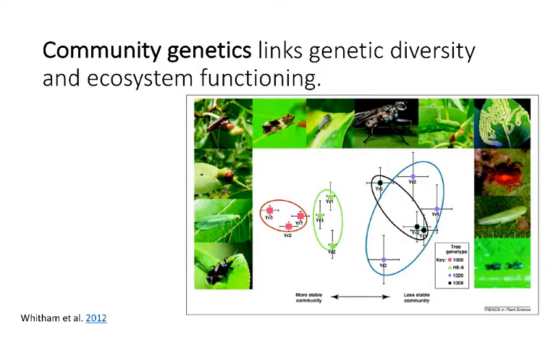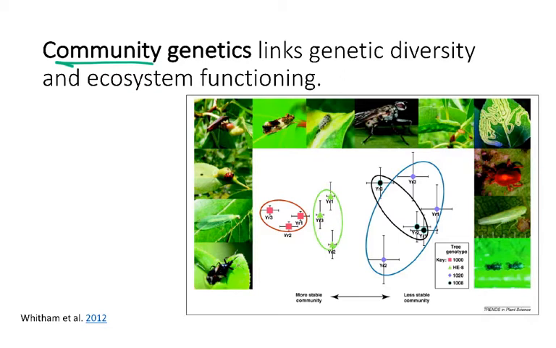And lastly, just to mention that there's another growing subfield in conservation genetics that's called community genetics. And again, just so you know this exists, if you hear about it or see it somewhere, here the focus is linking genetic diversity not just of the species itself, but also to how the broader ecosystem around it functions.